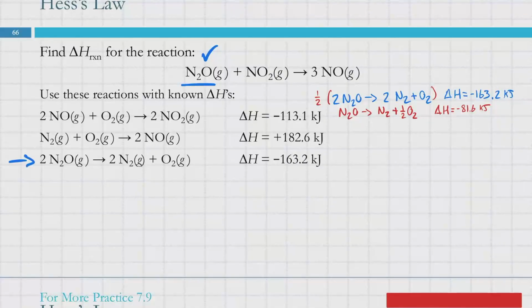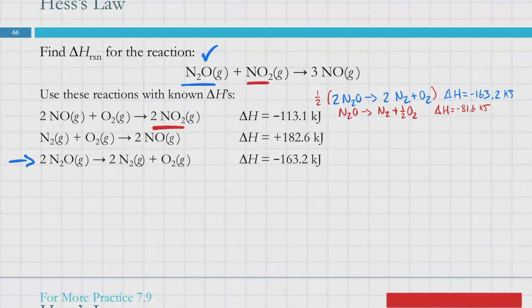It's the first one, right? We've got NO2 in our first reaction, but it's on the product side. Is that where we need it to be? What side should NO2 be on in our reaction?